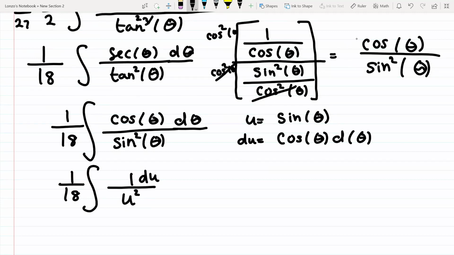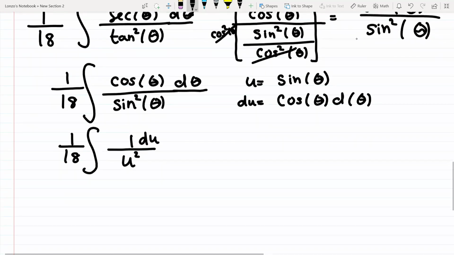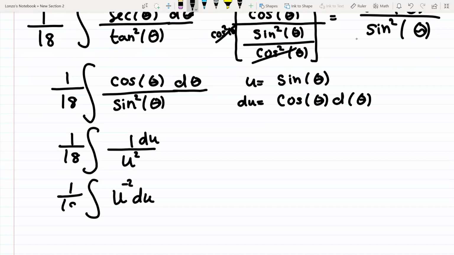So what is the integral of 1 over u squared? It is not ln, right? It would be ln if it was 1 over u. What we can do is take the integration rule: I can rewrite 1 over u squared as u to the negative 2 du, and then this is 1 over 18. So what is the integral of u to the negative 2? You just add 1 to the power.